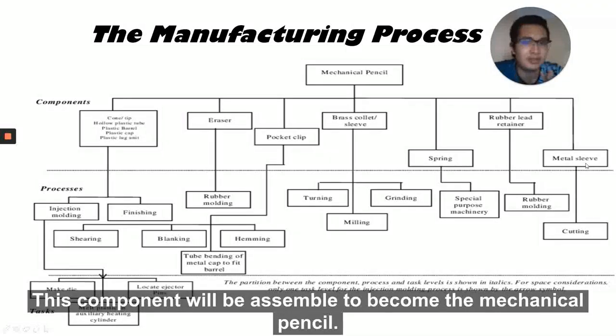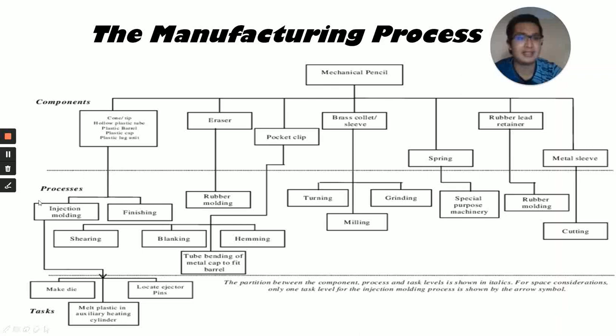These components will be assembled to become the mechanical pencil. These parts are important to build the mechanical pencil. Based on the components, you can see the processes to build it.